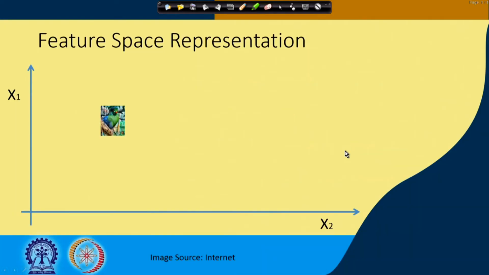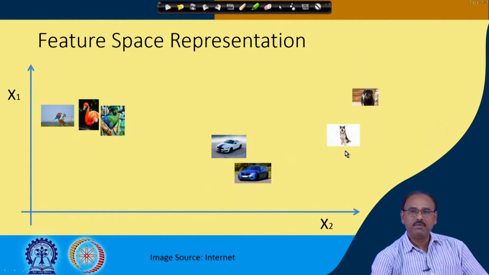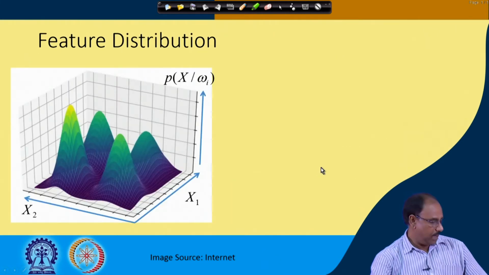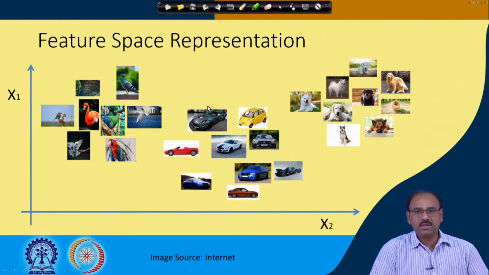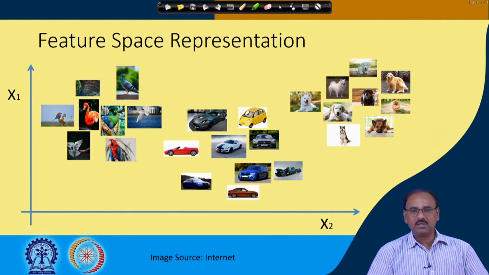This is what we have shown in the previous class: given multiple images belonging to the same class, we had considered three different classes, the class of birds, the class of dogs and the class of cars.